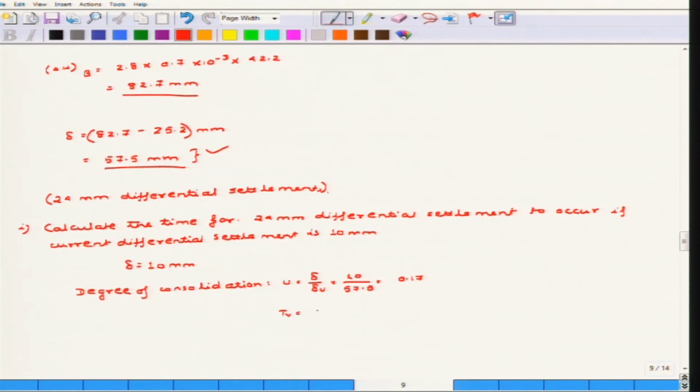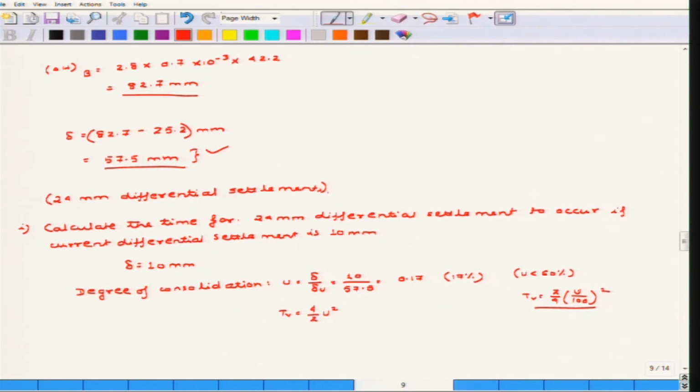So now Tv is equal to 4 by pi into U squared, because you all know this is 17%, because you all know that for U less than 60% the formula for Tv is pi by 4 into (U by 100) squared. That is the same thing that we are applying here.